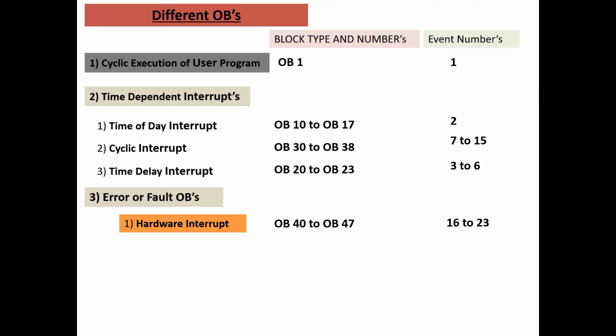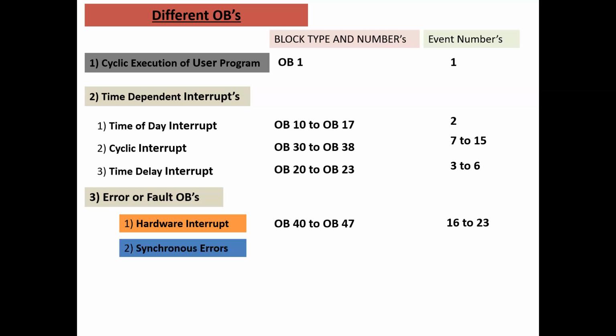If it is exceeding that range, then it should show some error and interrupt your CPU. But I don't want to stop the CPU. In such case, I can download only OB number 40, and the CPU does not go to stop mode. Like this, it will show the error.